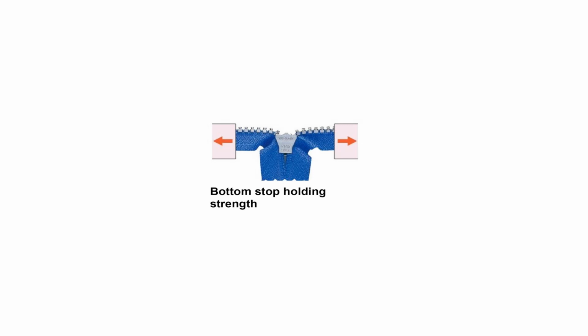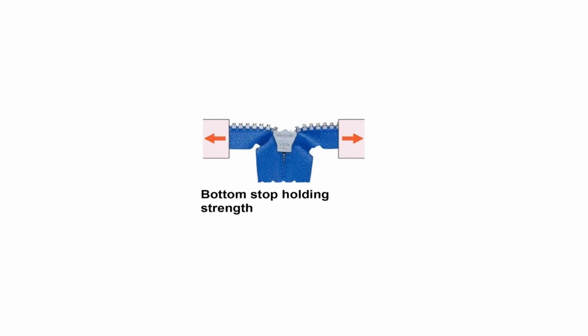So the inspector must know about all these areas of the zippers and the forces to be applied while inspecting any kind of zipper assembly. So bottom stop holding strength is equally important as top stop holding strength, which is again done on a tensile strength instrument or similar type of instrument. Basically it is a strength measurement.